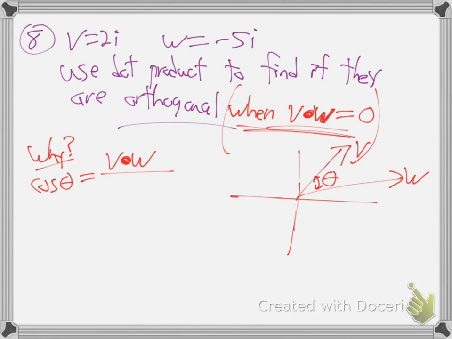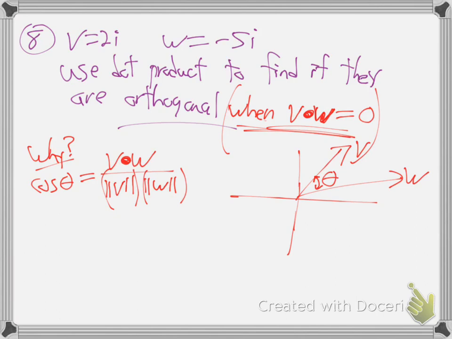The cosine of that angle is V dot W over the magnitude of V times the magnitude of W. That's how you find the angle between two vectors: you dot product them divided by their magnitudes multiplied.